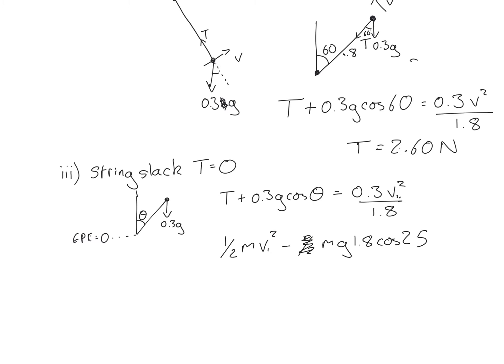And the energy when it goes slack is a half M V2 squared plus, because I'm going to use this new theta, mg 1.8 cos theta.